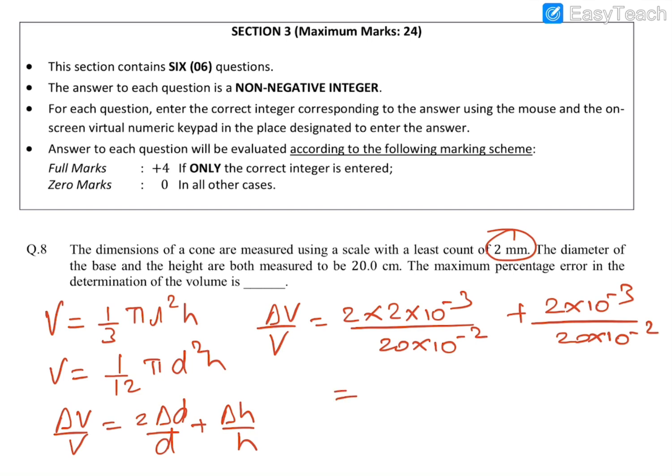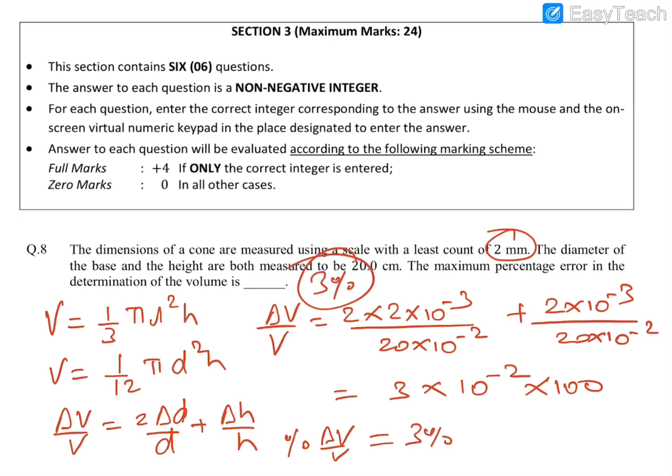So you can see that this is 3 into 10 raised to power minus 2. Okay, and we have to find out the percentage error, so we can multiply it with 100. So percentage error in volume will be equal to 3%. So the correct answer is 3%. Now we move on to the next question.